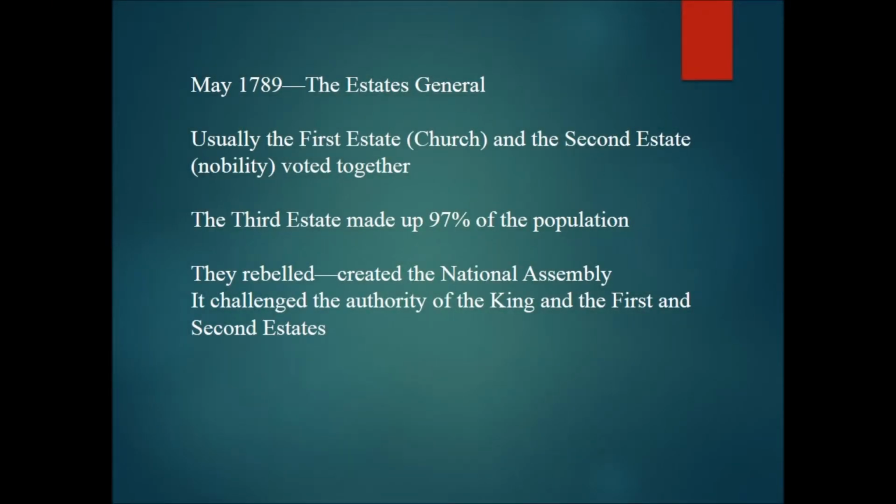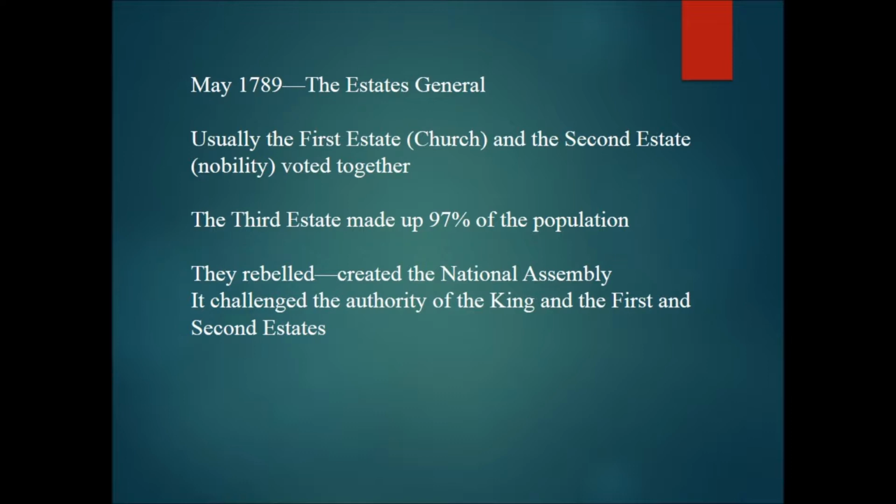So the Estates General meets in May of 1789. And again, the issue is who's going to pay the taxes. Now, what normally happens at these Estates General is that each estate gets 1/3 of the vote. So the first estate gets a third, second estate a third, and the third estate gets a third.